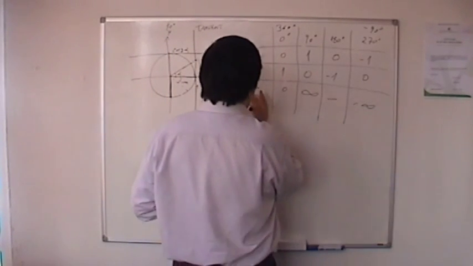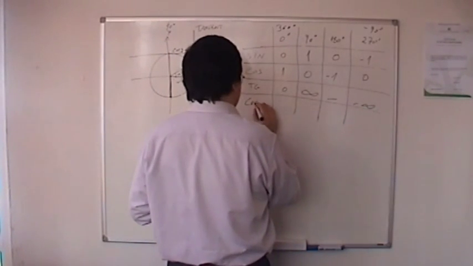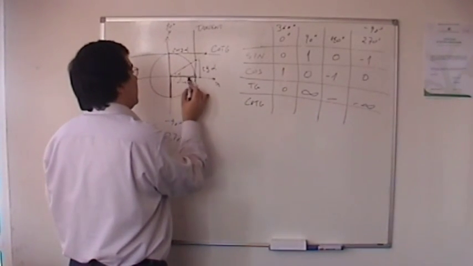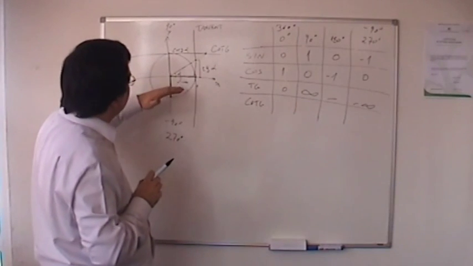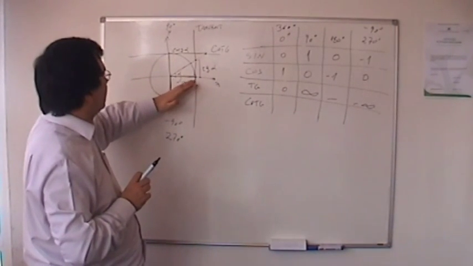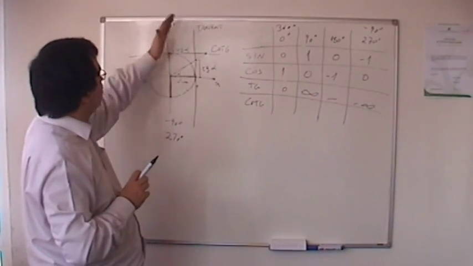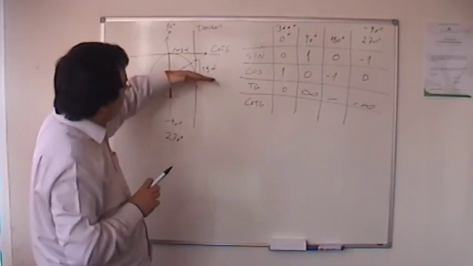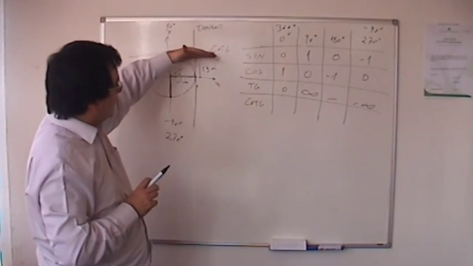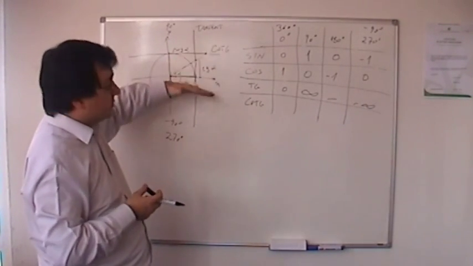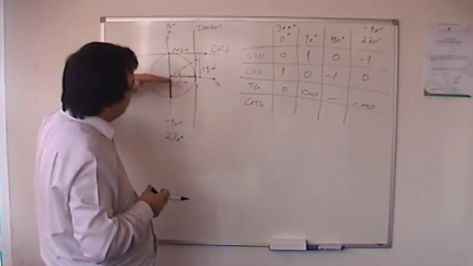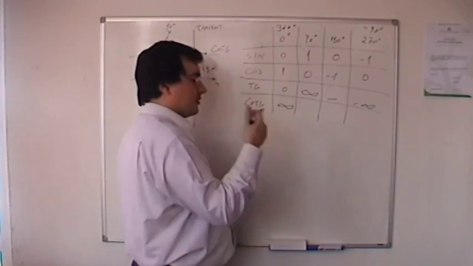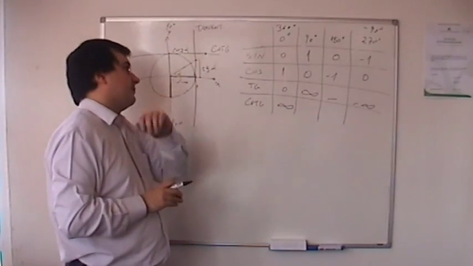So for cotangent, you see that for 0 degrees you will have a similar situation than when we had the tangent of 90, because it will be parallel to the cotangent line, which means by definition it only will meet the cotangent line in the infinite. So you cannot determine the value for cotangent of 0.